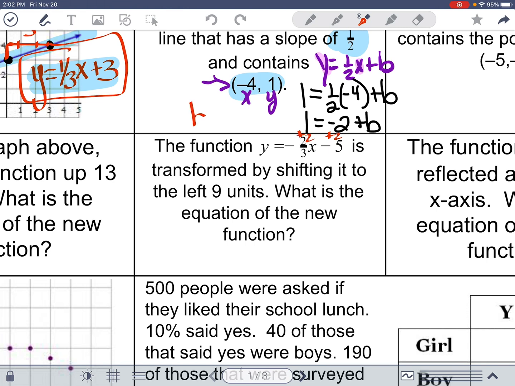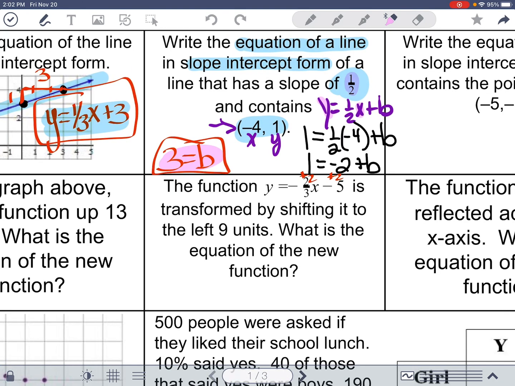So the b equals 3. And the slope is 1/2. So now we can write our equation in slope-intercept form with this slope, and here's the b. It's going to be y equals 1/2 x plus 3, because the 3 is positive, and that's the answer.